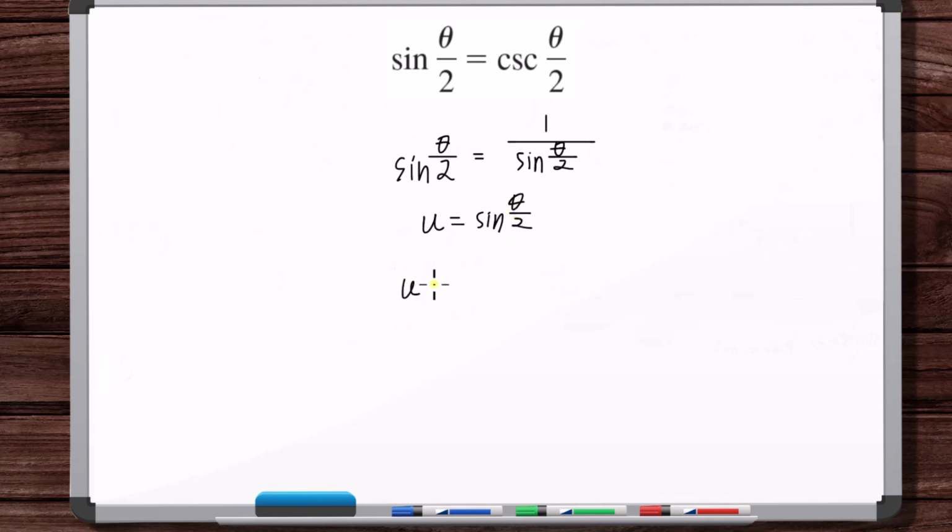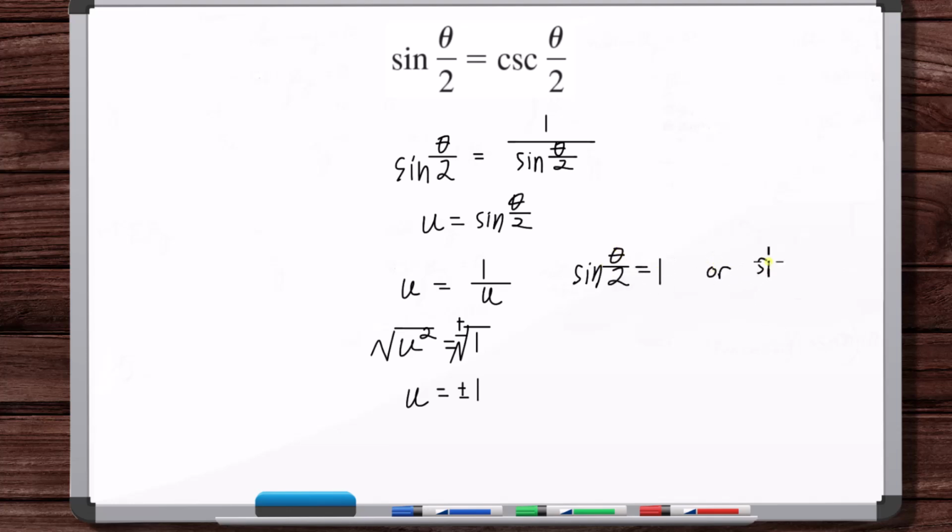So we've got, and this is like a rational equation, u squared is equal to 1. So u is equal to plus or minus 1. So we've got sine of theta divided by 2 is equal to 1, or sine of theta divided by 2 is equal to minus 1.